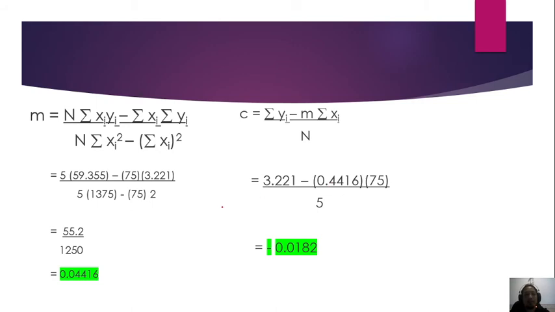So, after you put in equation, you get the data value. Slope equal to 0.04416, and for intercept, the value adalah minus 0.0182.